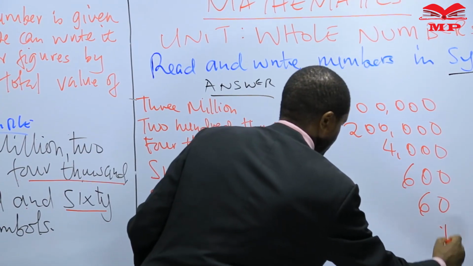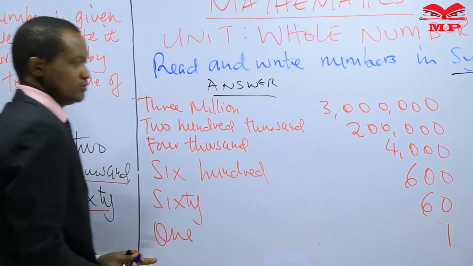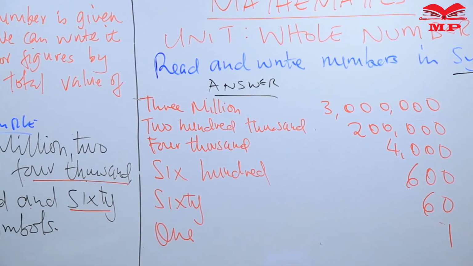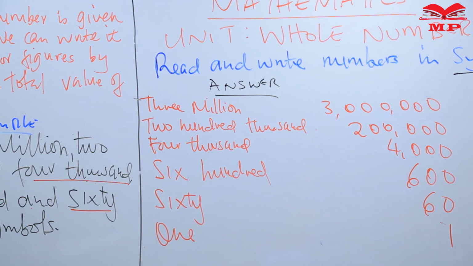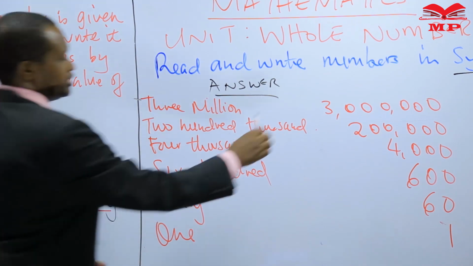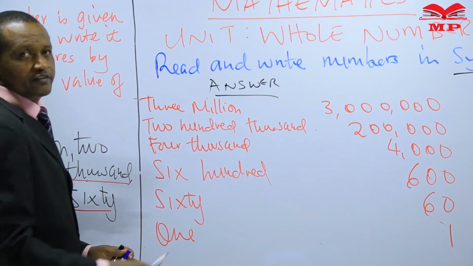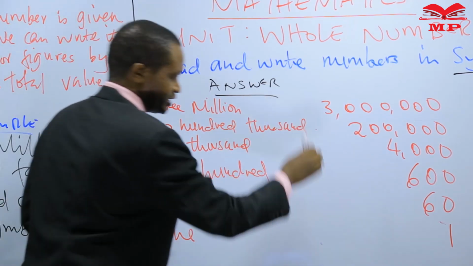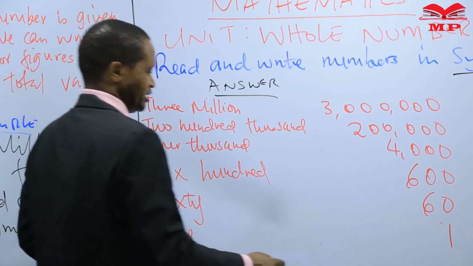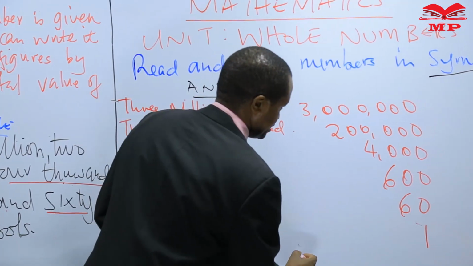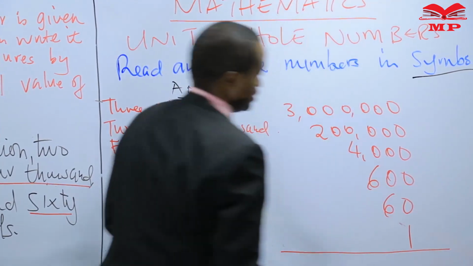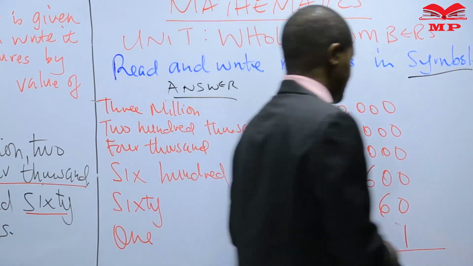This is the symbol for 1. Is that clear? Yes, it's clear. These are the total values. Then after total values, we add the total values to get the number in symbol, in figure.